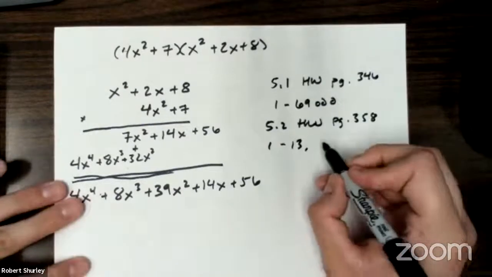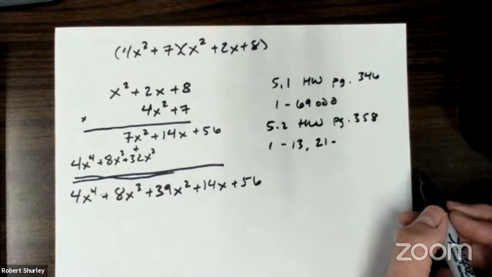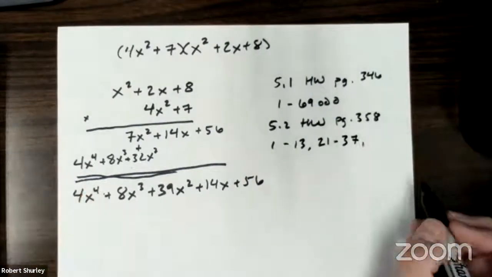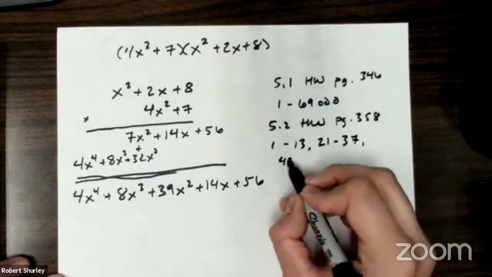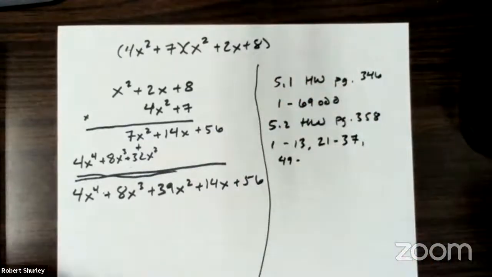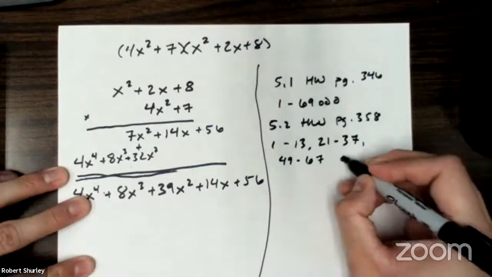And then 21 through 37. And then 49 through 67. Now, all those are odd as well.